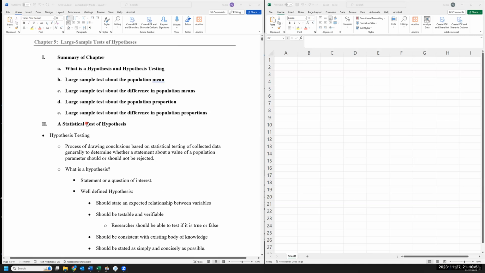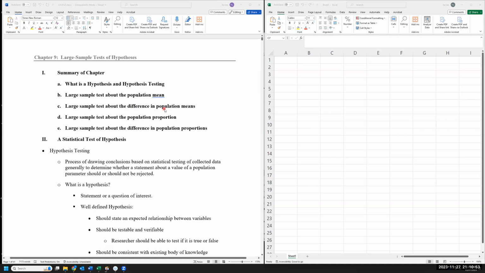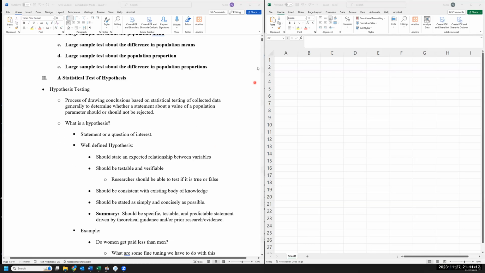The large sample test about the difference in population proportions, the large sample test about the population mean, and the large sample test about the population proportion, and the introduction of what hypothesis testing is, are found in part one of the lecture for chapter 9.